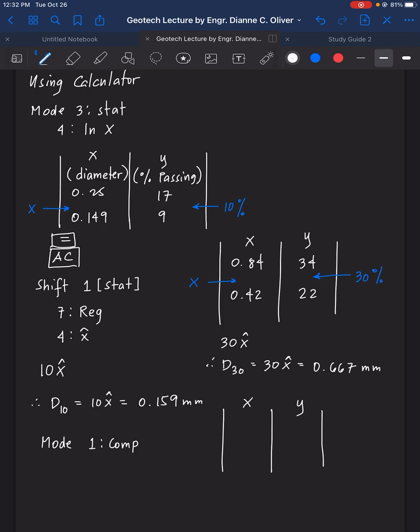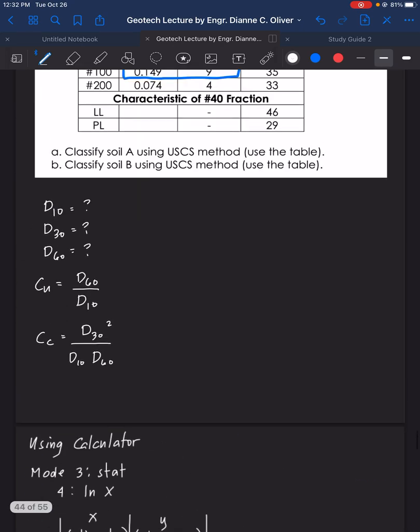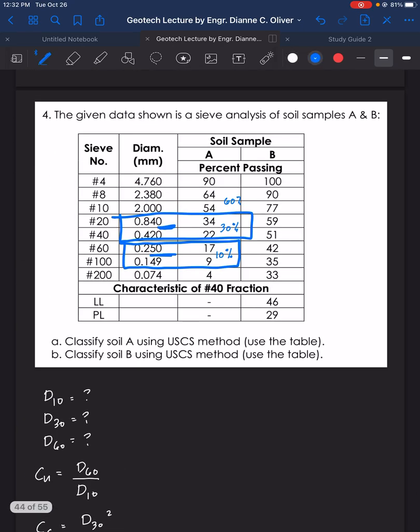Then you see this table. In this table, you will input this data. So 60% is in between 64 and 54. Therefore, we will use this data because the diameter is between 2.38 and 2.